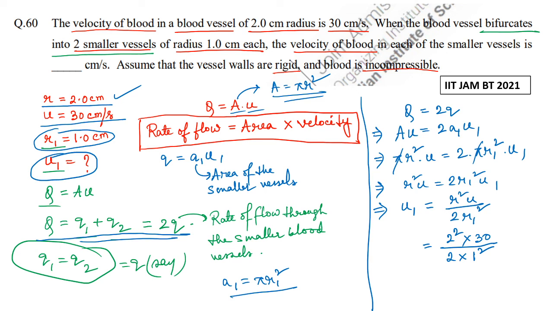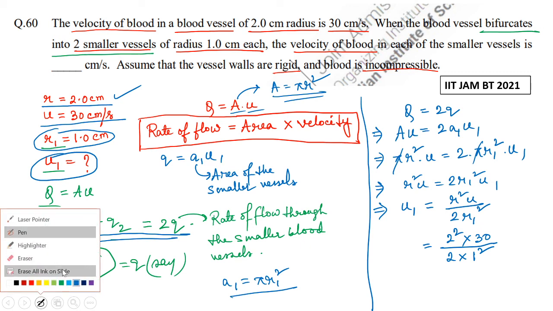All are in centimeter or centimeter per second. So we don't need any unit conversion from SI to CGS or CGS to SI. But in further questions in your exam, you can have units in mixed systems, so remember to convert them.